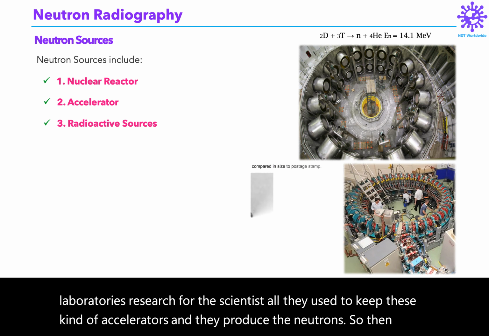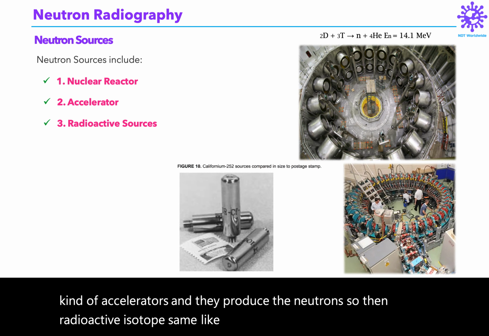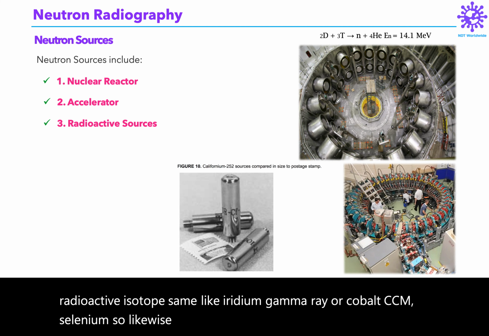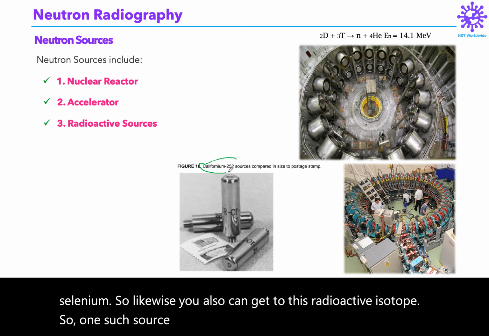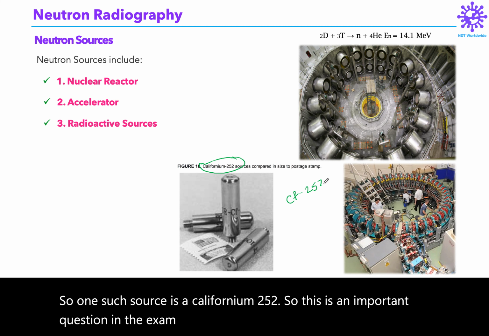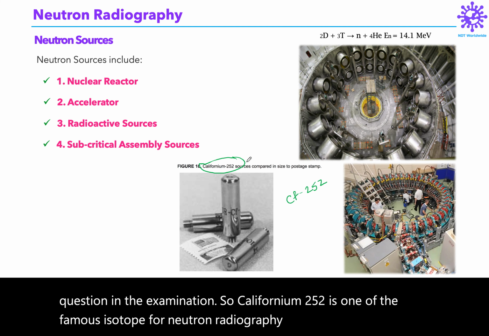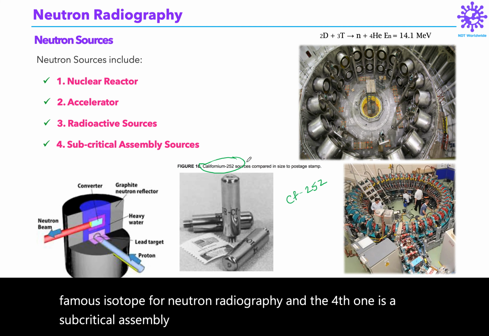Then radioactive isotopes, like iridium, gamma ray sources, or cobalt, cesium, selenium. Likewise, you can also get radioactive isotope neutron sources. One such source is californium 252. This is an important question in the examination. Californium 252 is one of the famous isotopes for neutron radiography, and the fourth one is a subcritical assembly.